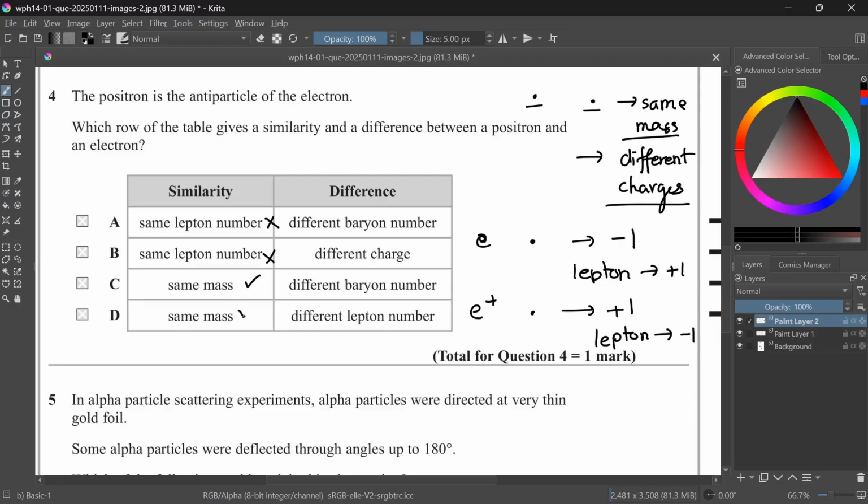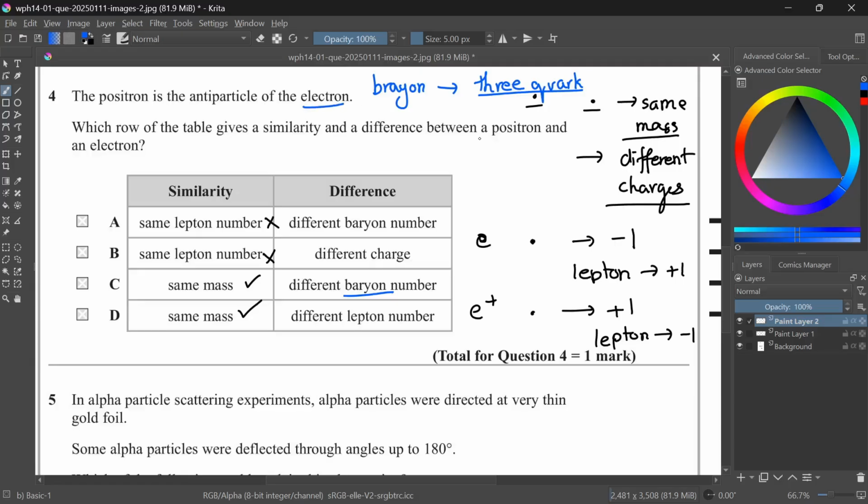For their differences, it says different baryon number, but as we know, one of the conditions for a baryon is that it requires three quarks. Its particle needs to be made up of three quarks. But the electron, and so the positron, is a fundamental particle.